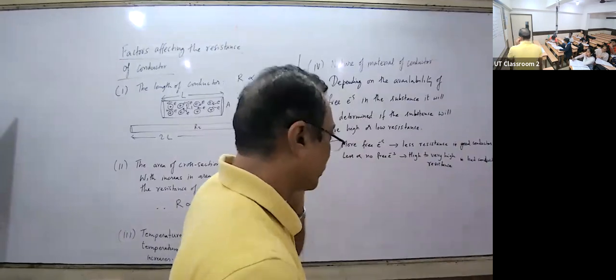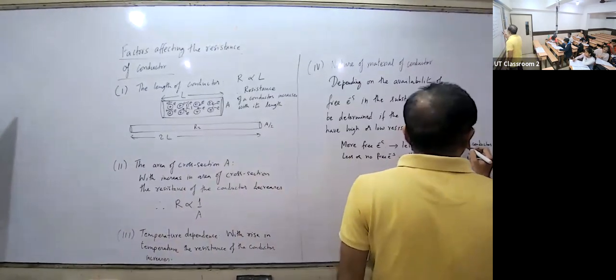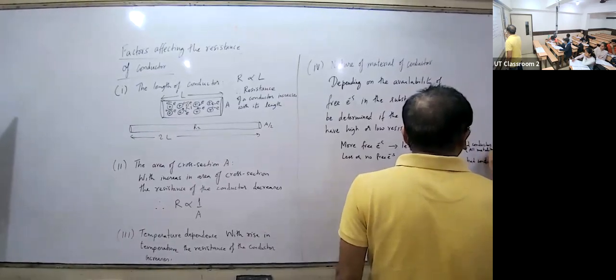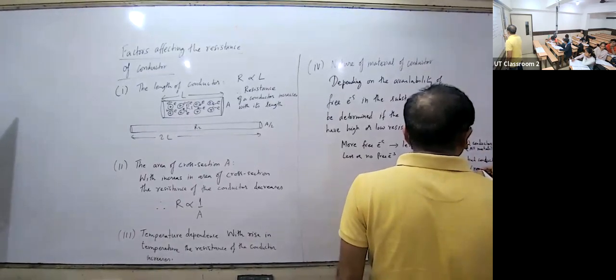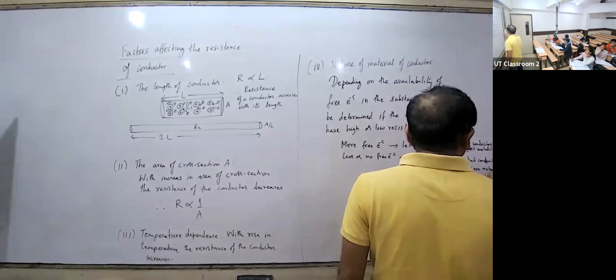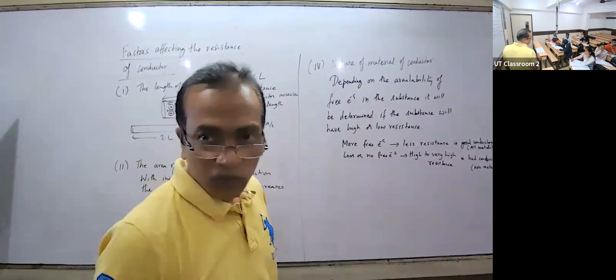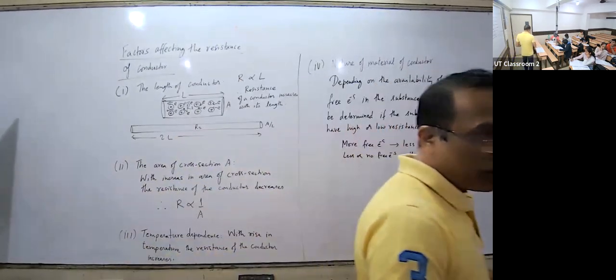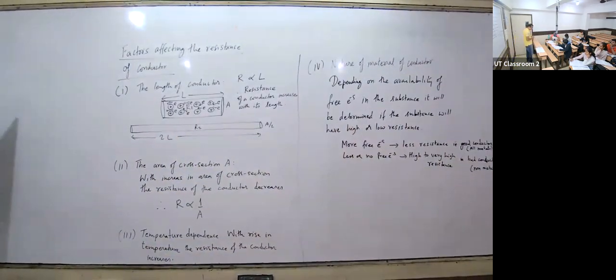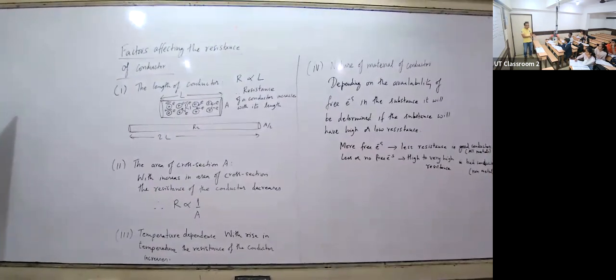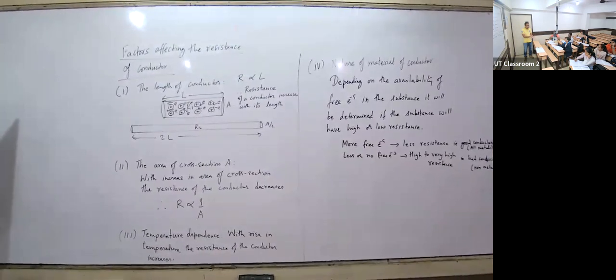Good conductors are all metals. So very simple. Depending upon the nature of substance, the resistance will be high or low. Even within metals, some metals are good conductors, some are bad. Between iron, copper, and silver, which is the better conductor?